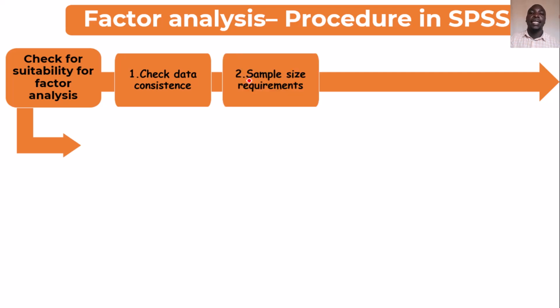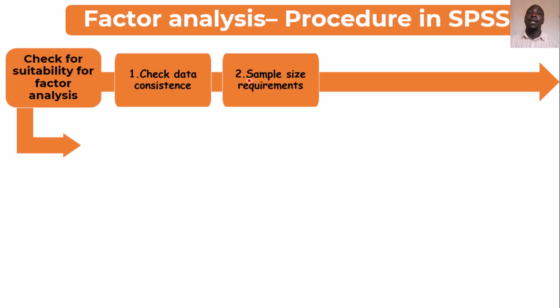Next, we check the sample size requirements. Usually, a sample size of about 300 is considered adequate for factor analysis. Others recommend at least 5 to 20 cases per item or variable you're going to include.